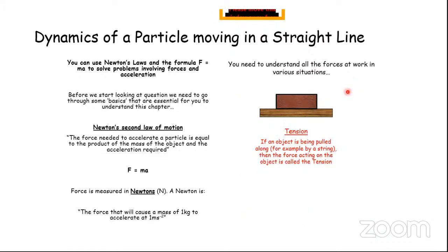Then we have tension. Tension is a force. If an object is being pulled along, for example, by a string, the force acting on the object is called tension. So when you tie an object to a string and pull it, the object is being pulled by a force that we call tension.